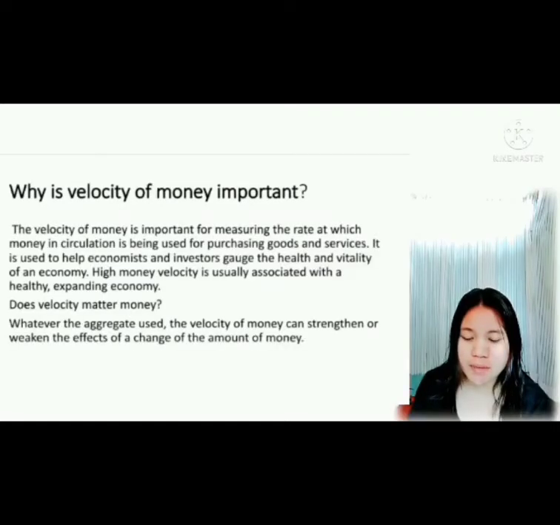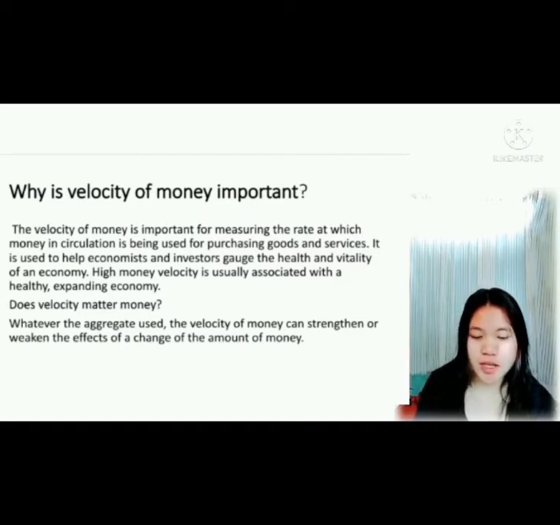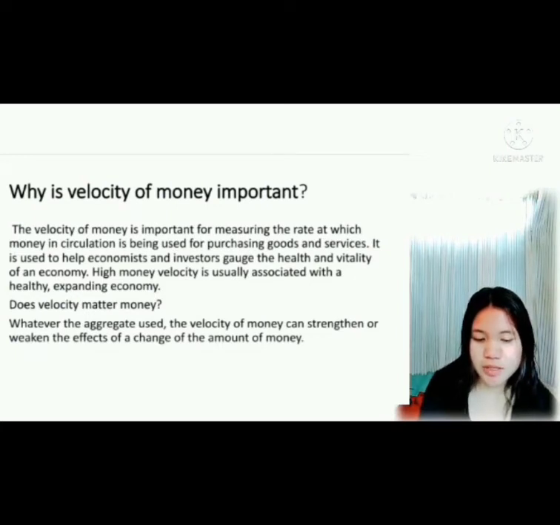Why is the velocity of money important? The velocity of money is important for measuring the rate at which money in circulation is being used for purchasing goods and services. It is used to help economists and investors gauge the health and vitality of an economy.